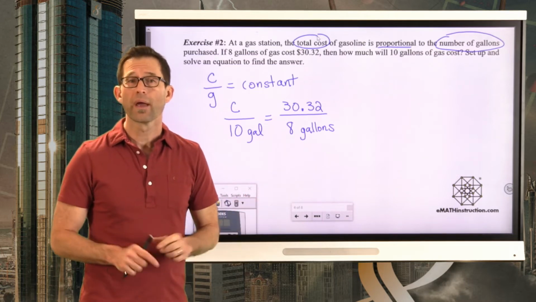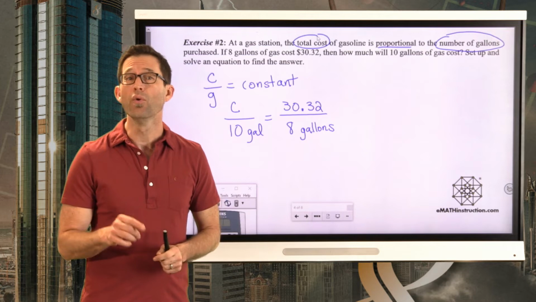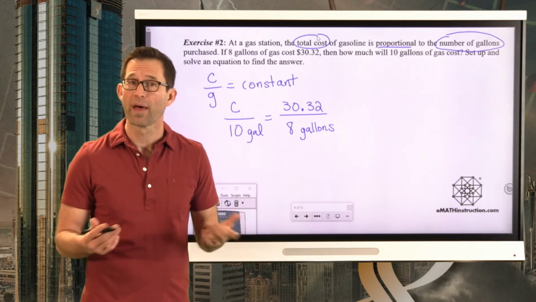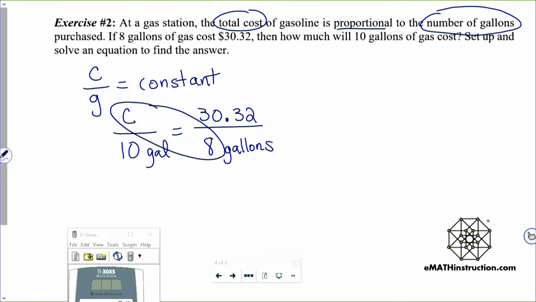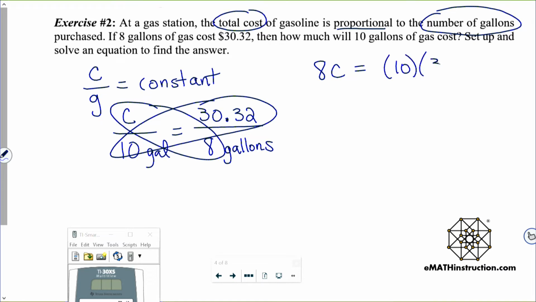Now, when I actually do the algebra, which I'm going to do by cross multiplication, remember that from previous years, I can just cross multiply like this. Then I'll get 8 times C is equal to 10 times 30.32. I can do the next step without a calculator because multiplication by 10 is pretty easy.